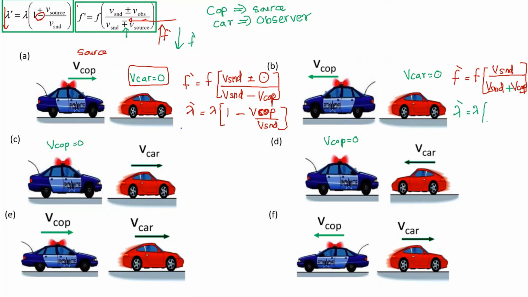What should be the lambda sign? That's also positive, right? Because of what the source is doing, the distance is increasing. That means lambda is increasing. Increasing means the top sign, positive.